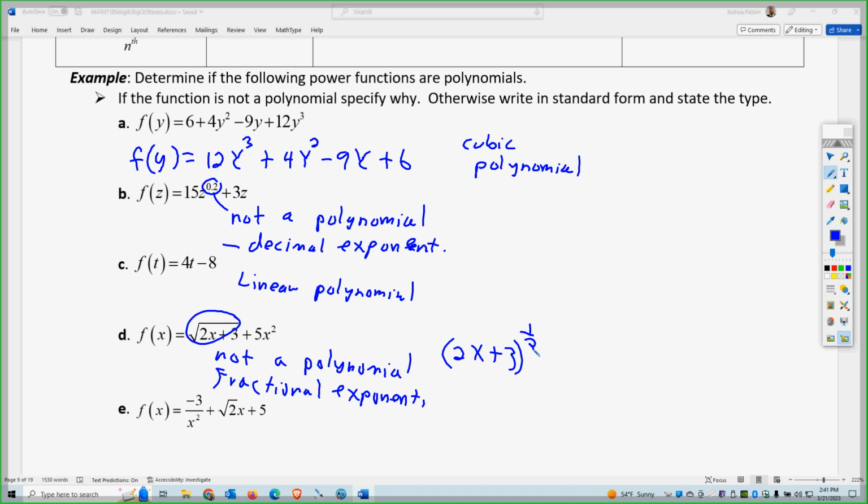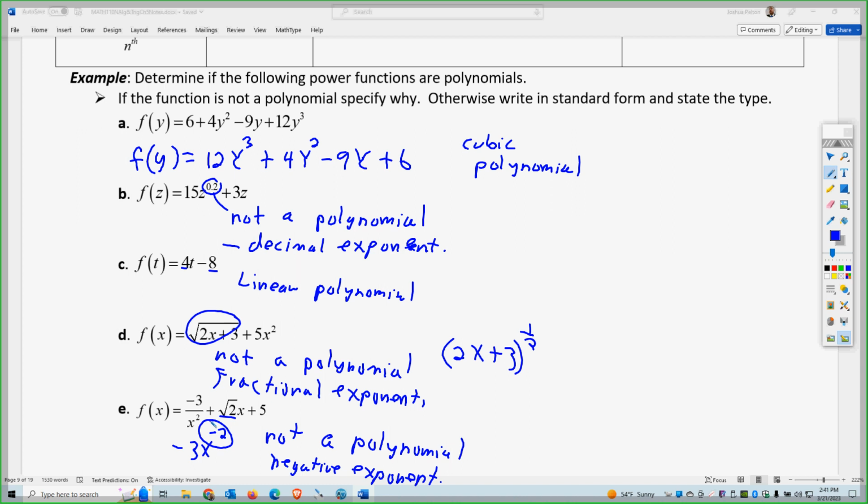Okay, and the next one is not a polynomial because it has a negative exponent. Maybe a lot of people will say, oh, the root 2 is a problem. No, the constants in front, the coefficients, can be anything that you want, but the exponents themselves can't be negative or decimals or fractions. That's the problem. So each of those three non-examples are power functions, but they're not specifically polynomial functions.